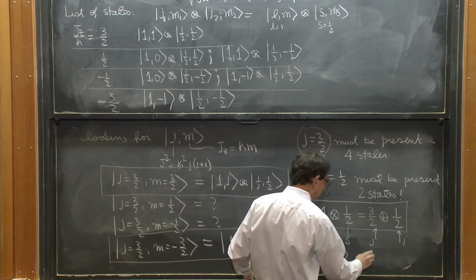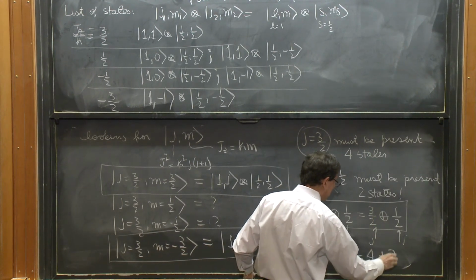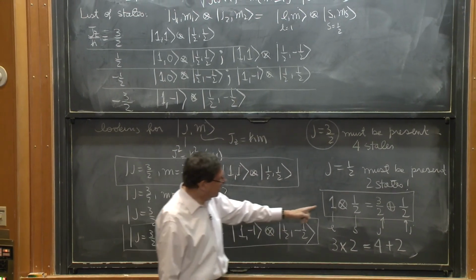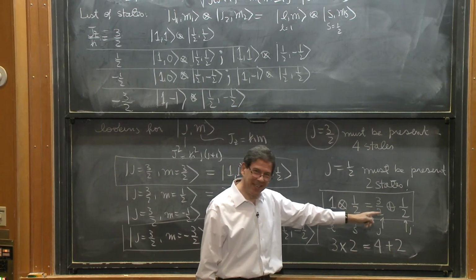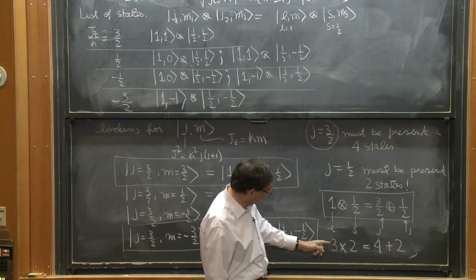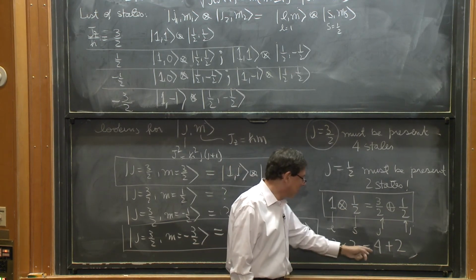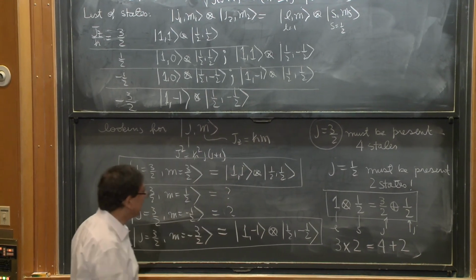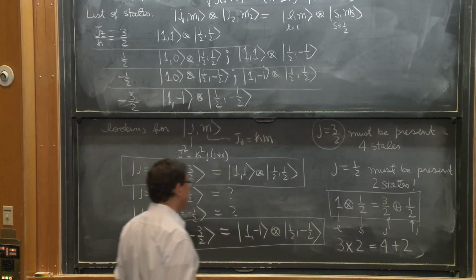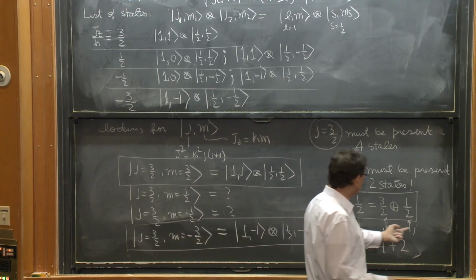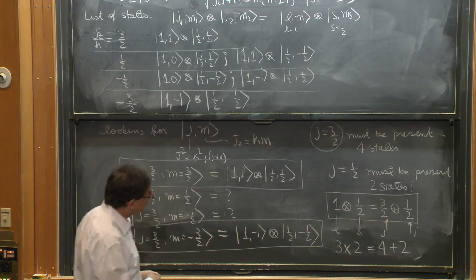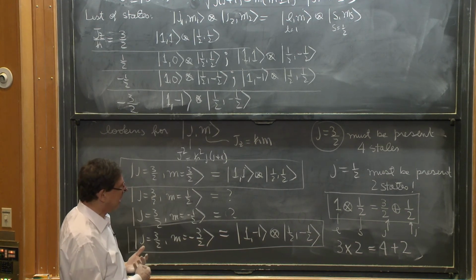This is dimension 4 plus dimension 2. So this funny-looking equation is really the same as saying 3 times 2 is 4 plus 2. It's a very nice thing. Those are the eigenvalues of j that you get in the tensor product. So these are the coupled states.